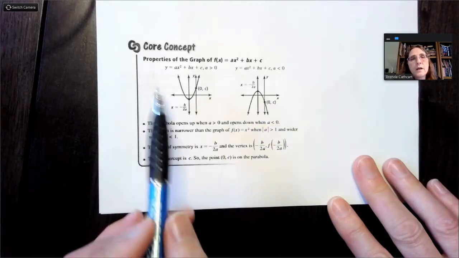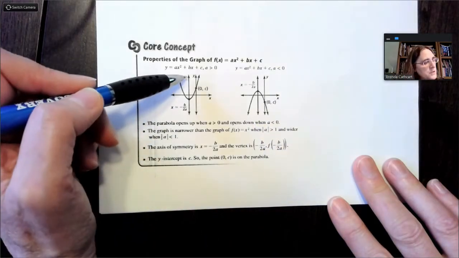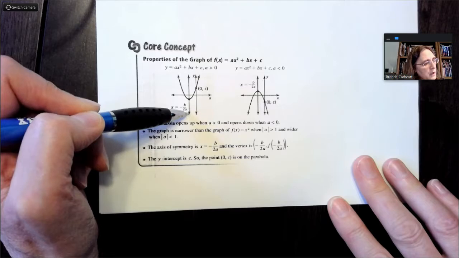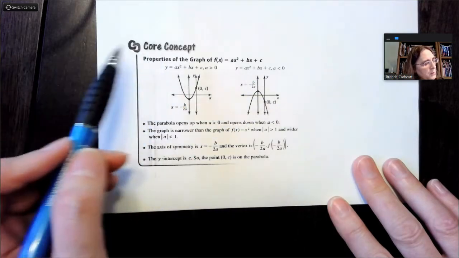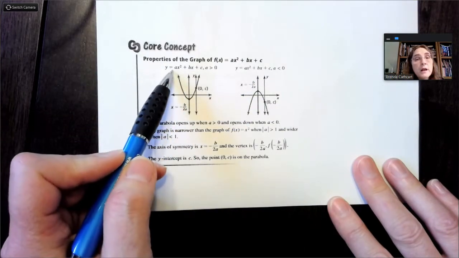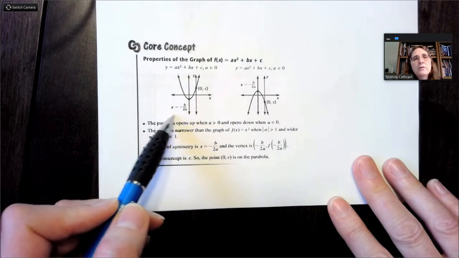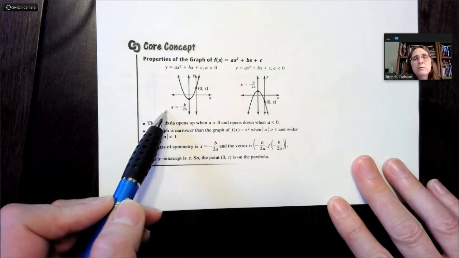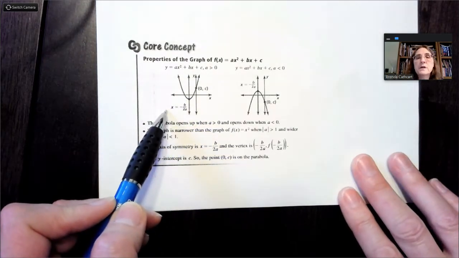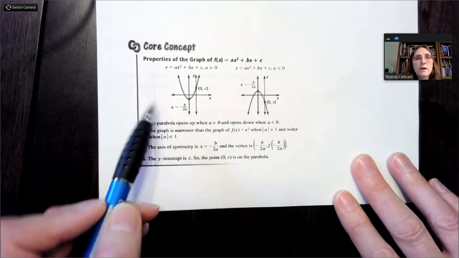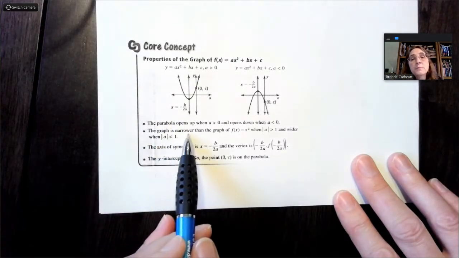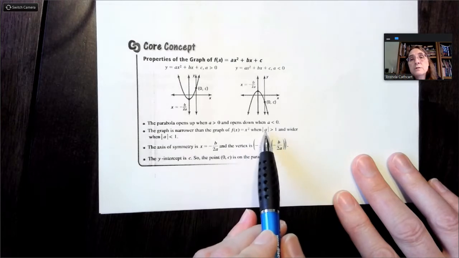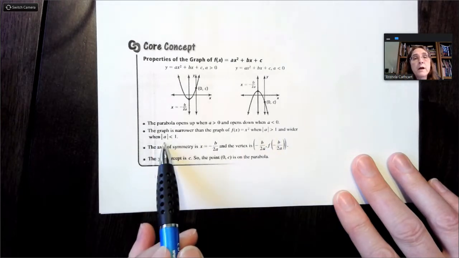Next, our line of symmetry that goes up the middle of the parabola is found by using the terms b and a. The line of symmetry is x equals -b divided by 2 times a. Now, the steepness of the graph has to do with the absolute value of a.